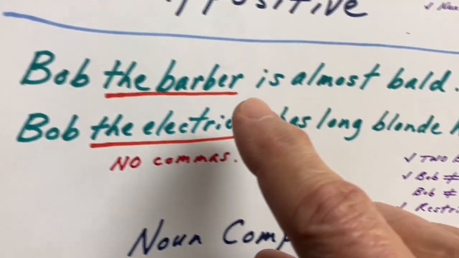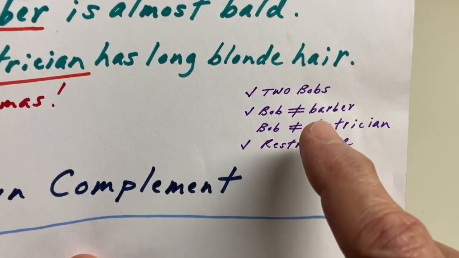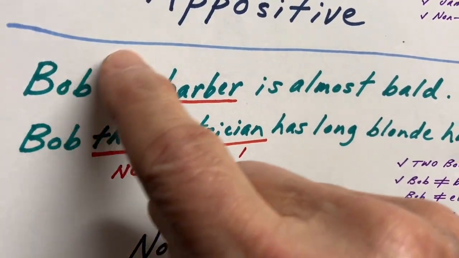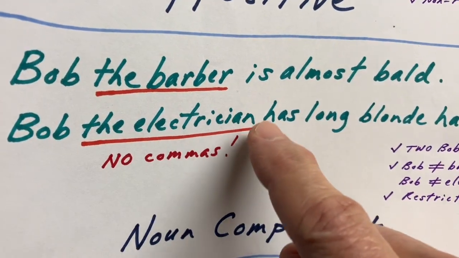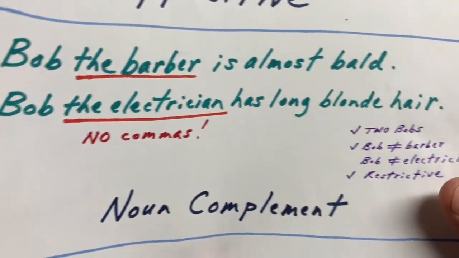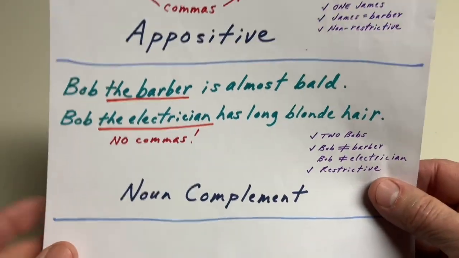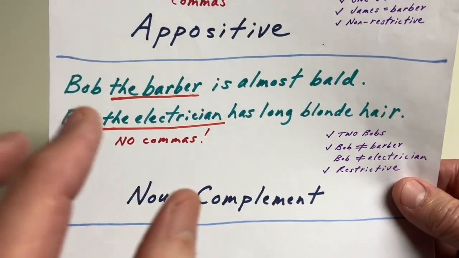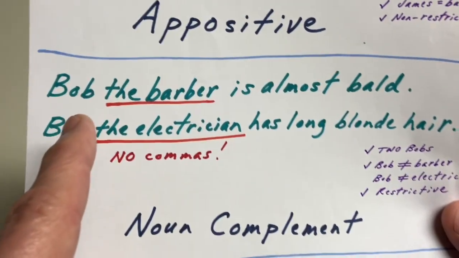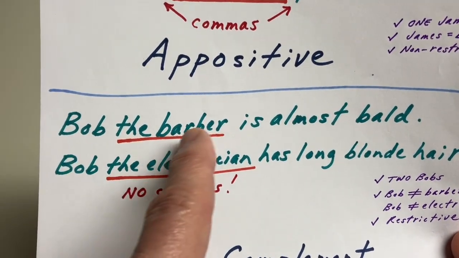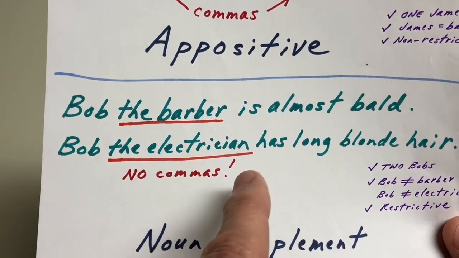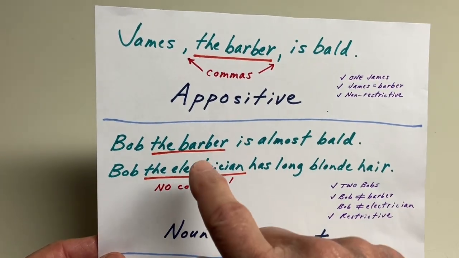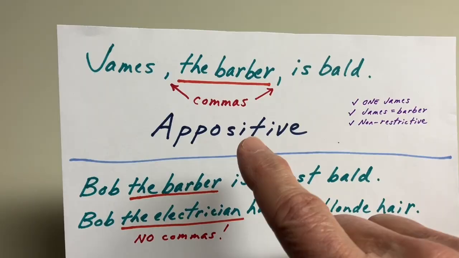And Bob is not always a barber here, and Bob is not always an electrician here, so these are restrictive. You kind of can't take these out, or the sentences together, in context, aren't going to make any sense. You can't say Bob is almost bald and then say Bob has long blonde hair. You have to differentiate. So you see here the difference. Bob the barber, Bob the electrician, no commas. So here you clearly see that you have noun complements, and here you clearly see that you have an appositive.